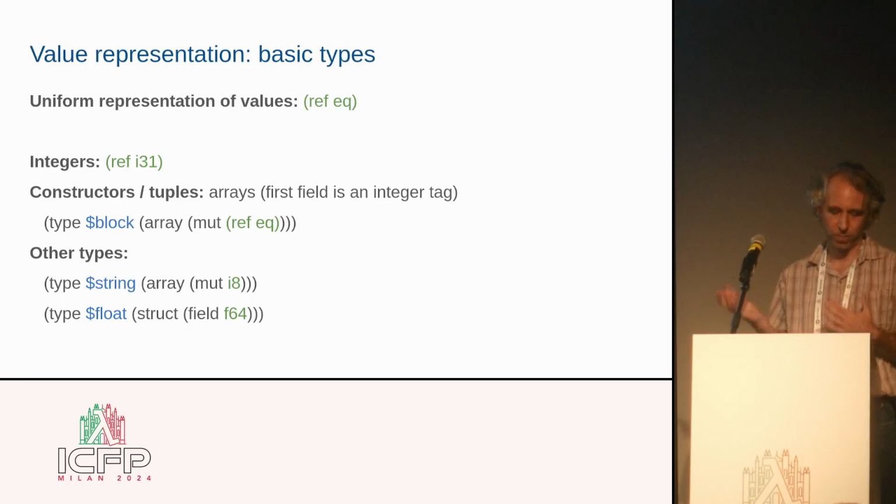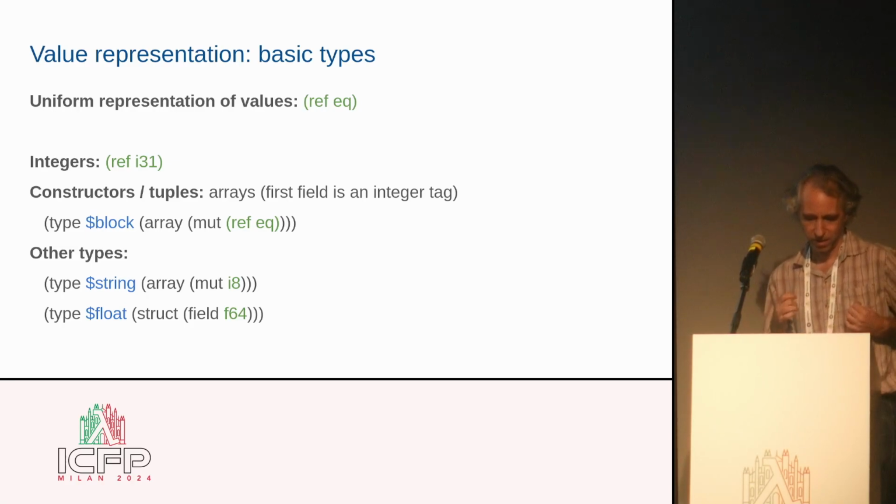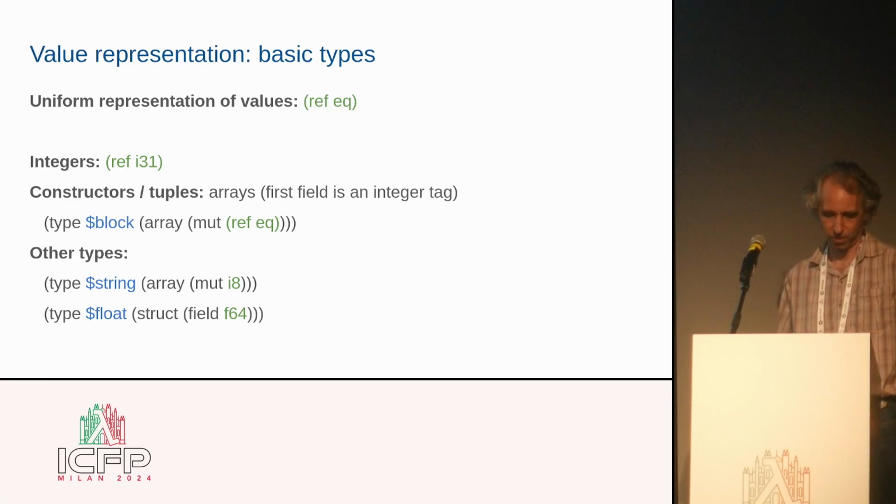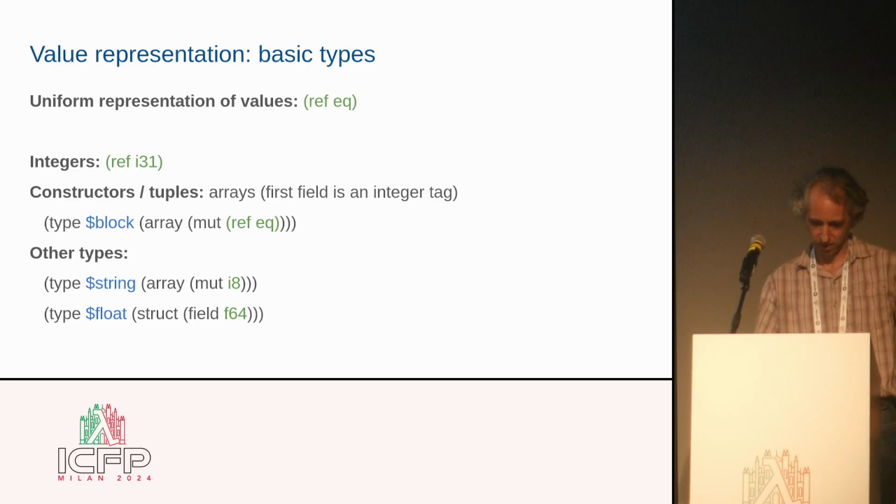Constructors and tuples are represented as arrays where the first field is an integer tag. So a block is an array of ref eq. A string is just a sequence of bytes, and floats are boxed, as I showed previously.